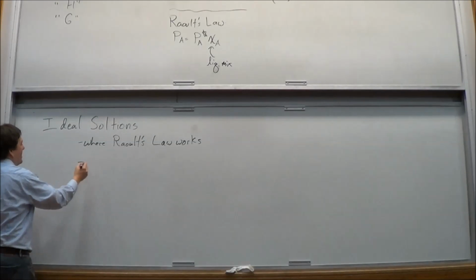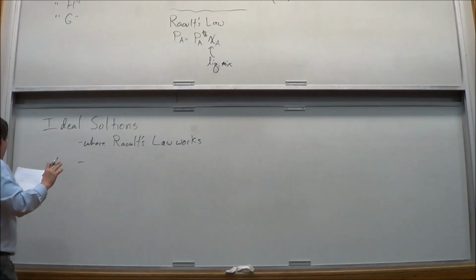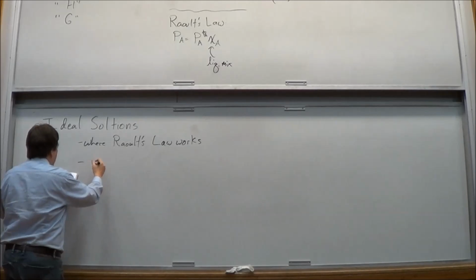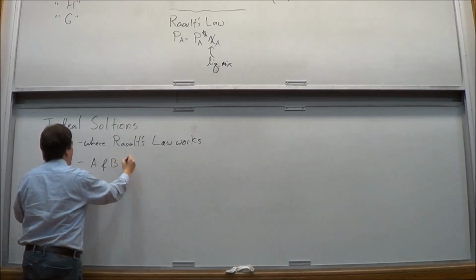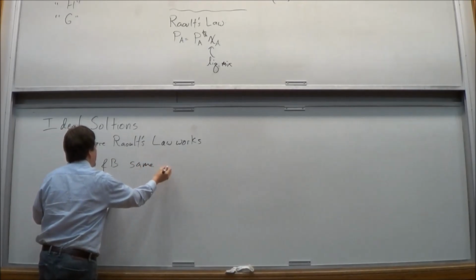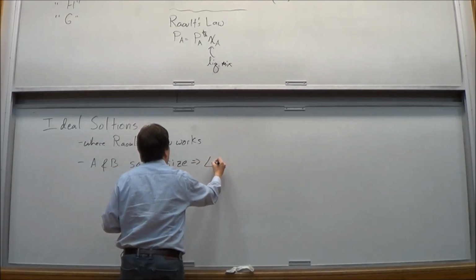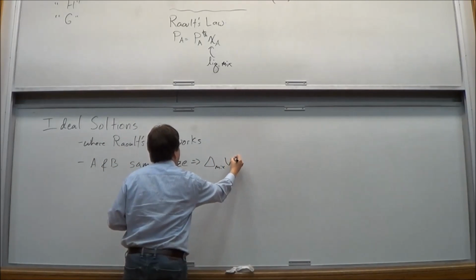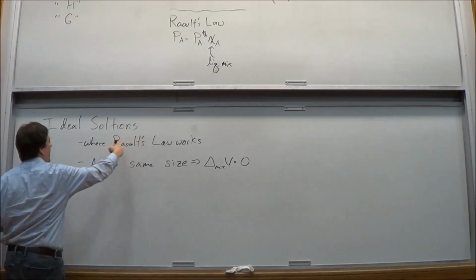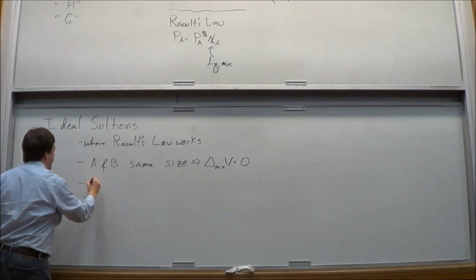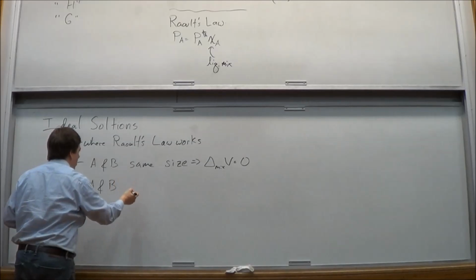Okay, so now what defines an ideal solution? What makes Raoult's law work, and again, we're probably not going to prove this today, is, and we're just going to stick with A and B: A and B have the same size. Sorry for my shorthand. If they have the same size, therefore, the mixing excess volume is 0. And then there's one last bit, so you can kind of forget this isn't really a criterion. These next things define that Raoult's law works.